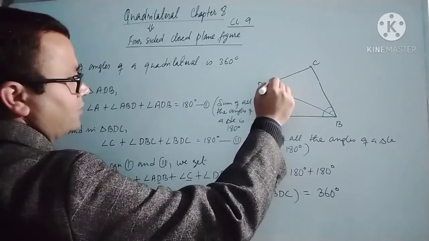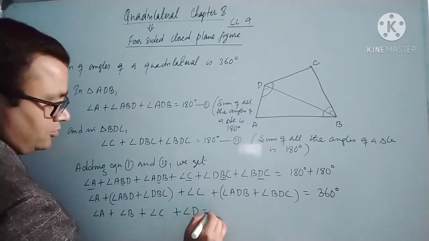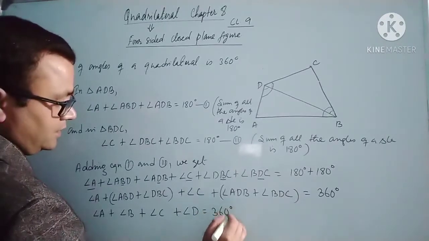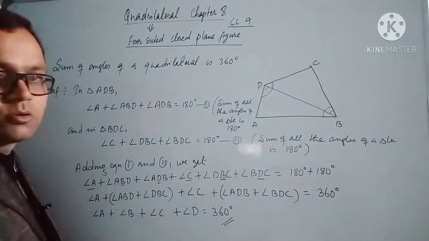If you add, we will get this whole angle, that is angle D, equals 360 degrees. Now this is the proof of the angle sum property of quadrilateral.